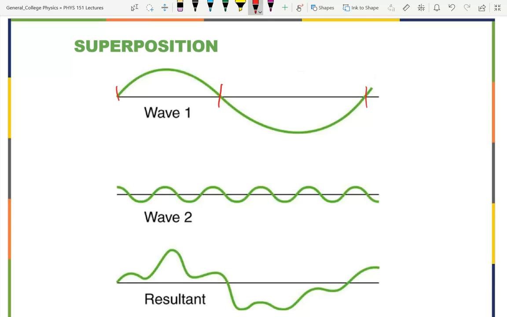So if you look at the first half of wave 1, it was above equilibrium, and then wave 2 was oscillating about equilibrium, and so the resultant, you see it oscillating about what was wave 1, because it was the longer wavelength. That's the way it appears. And then for the second half, wave 1 was negative, and you see it oscillating about that. So you have just adding up the displacements at every point to get the resultant.